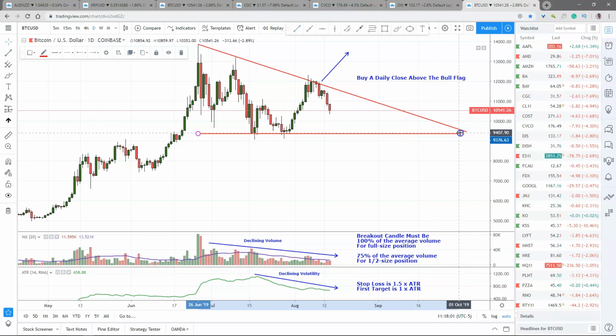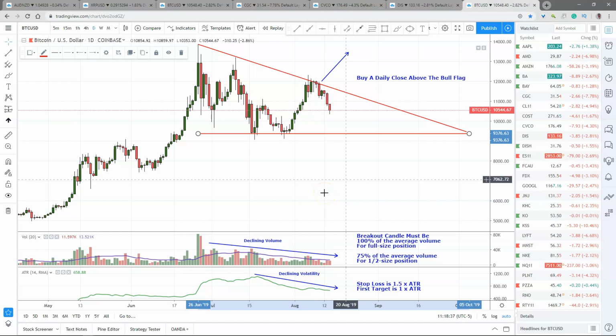This is a pattern that's not likely to break soon, but if it does break the bull flag that I'm expecting, then that will negate this pattern here. But if it comes down here and bounces at this level, we could be looking at a descending triangle break here on Bitcoin instead of a bull flag. So that way we're kind of handled in both directions.